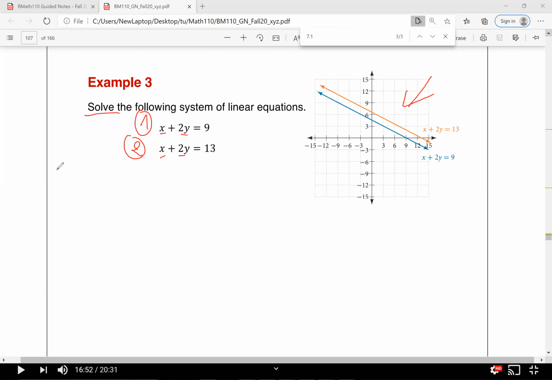So note both x, y of both equations are on the left hand side, right? That's one thing. So in this case, usually if you see both of them on the left hand side, you can think about using the elimination method.